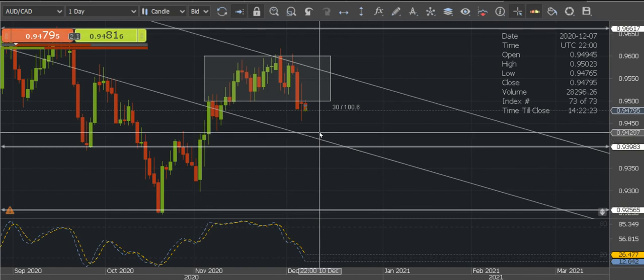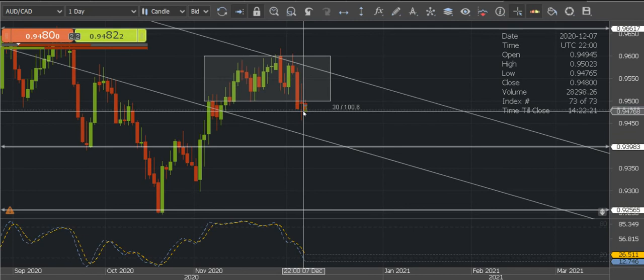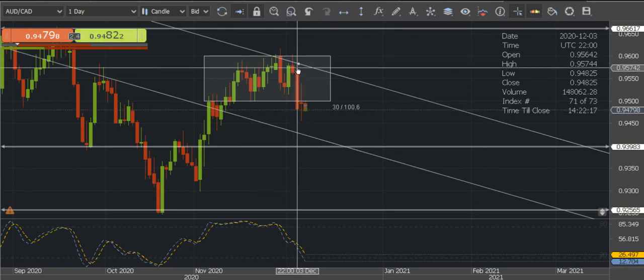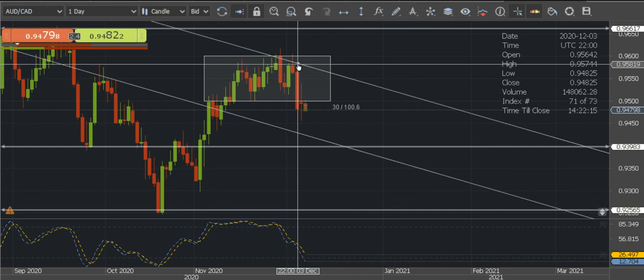Almost you can expect 60 pips down from this trade. So like that you have to decide which area of interest is good for your stop loss and which area of interest is good for your take profit.